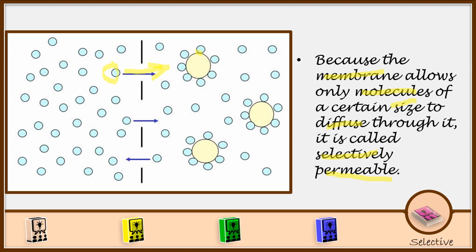But if we have a bigger size, like this one of the sugar, it cannot go through here. Why? Because it is very big. So the membrane is just going to allow only molecules of a certain size to go through it rather than molecules of bigger size. Therefore, that's why we are calling it selectively permeable.